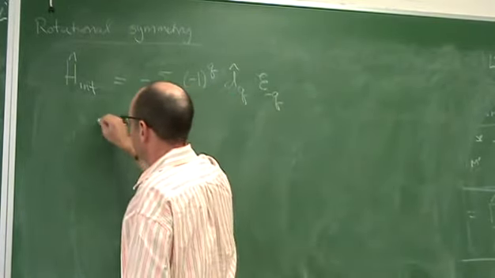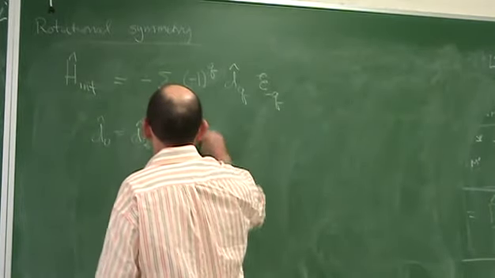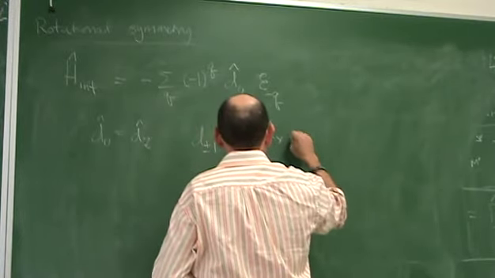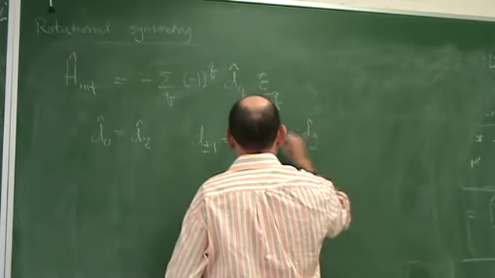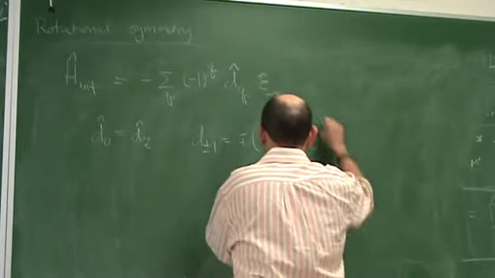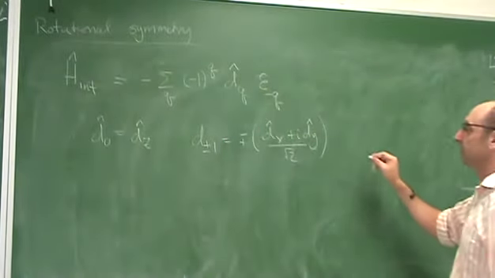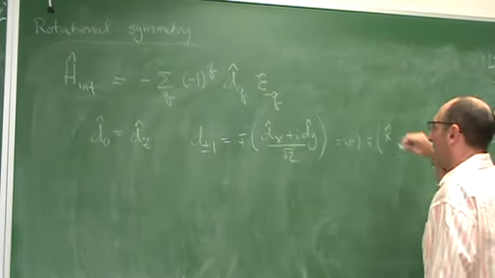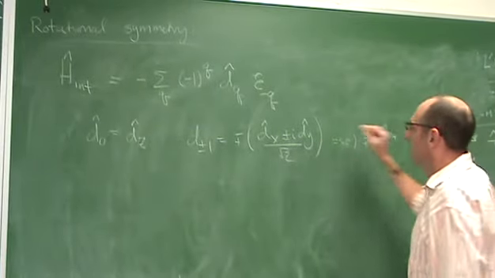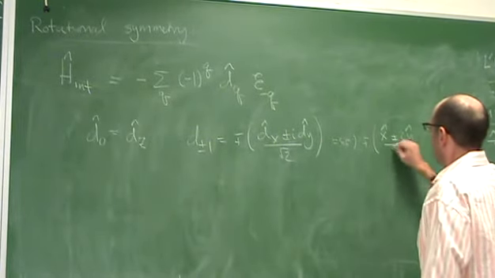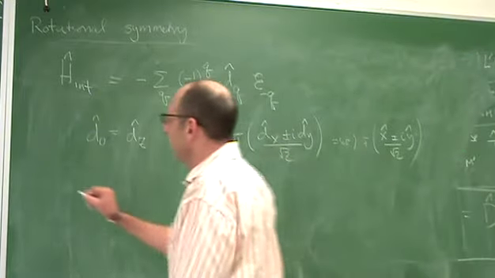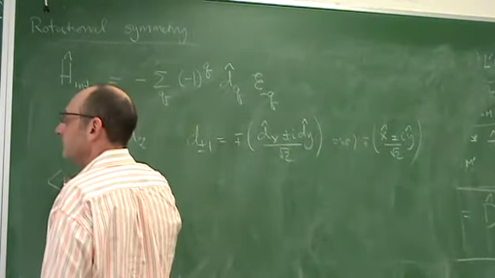Just to remind you, d0 is the z component. d plus or minus 1 is minus plus dx plus or minus i dy over root 2, right? Which is minus the charge of the electron times the relative x component of the electron. That's what those things are. Now, let's consider this matrix element again.